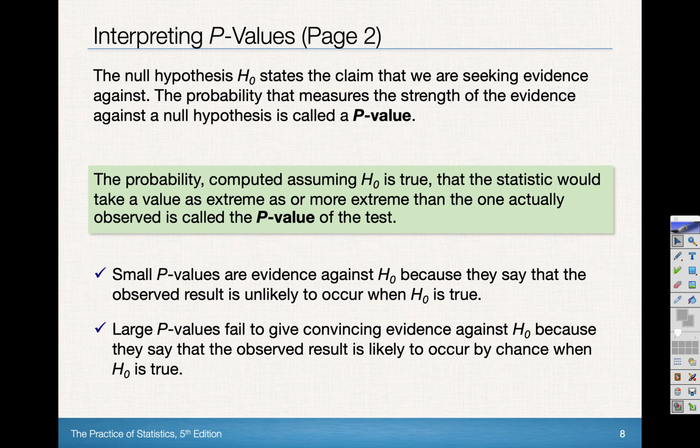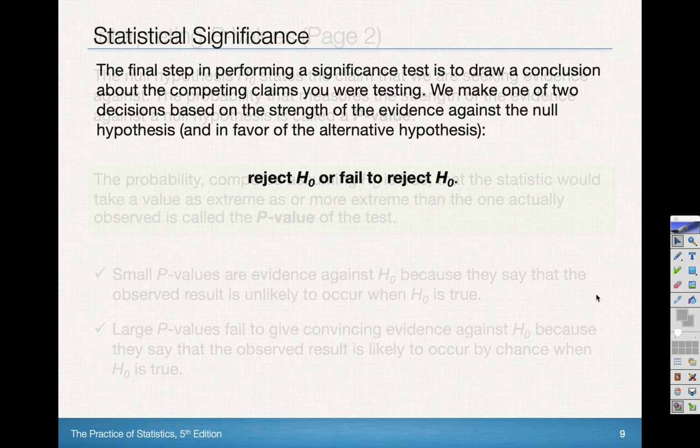Notice that even large p-values don't tell you that the null hypothesis is true. They just say that the null hypothesis is not false. Okay, so there's going to be a difference between what we call rejecting and failing to reject.